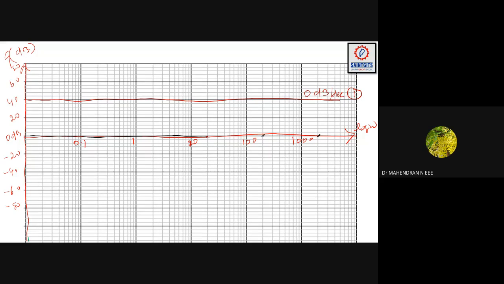This is most important. So we mark this point, and it should cross here, then it will go like this. So this is the magnitude plot of the second term, and it will be plus 20 dB per decade.